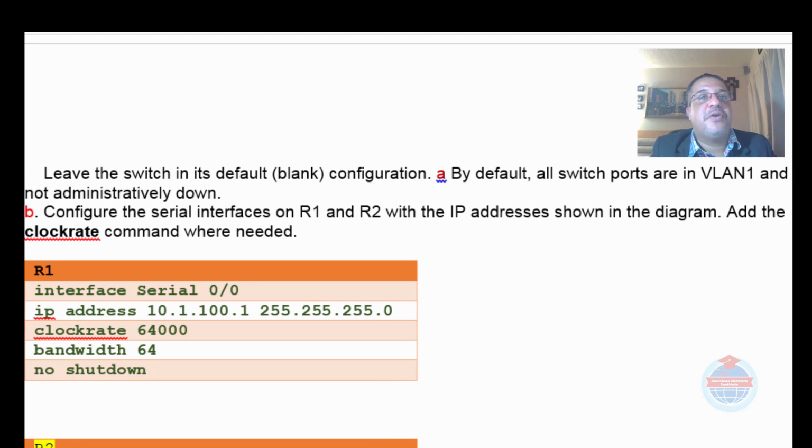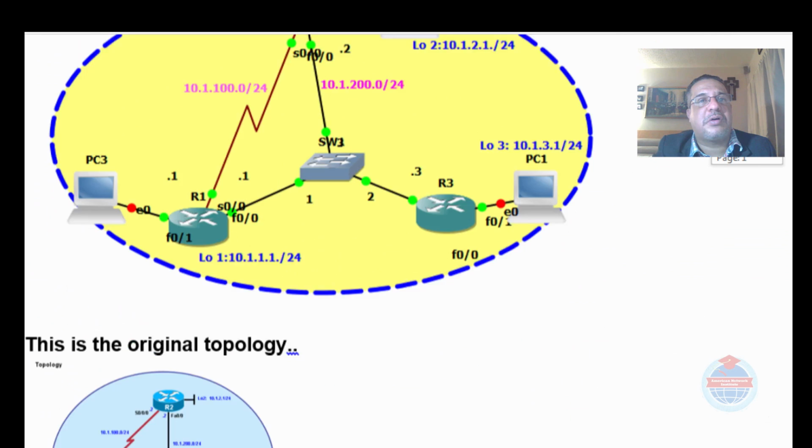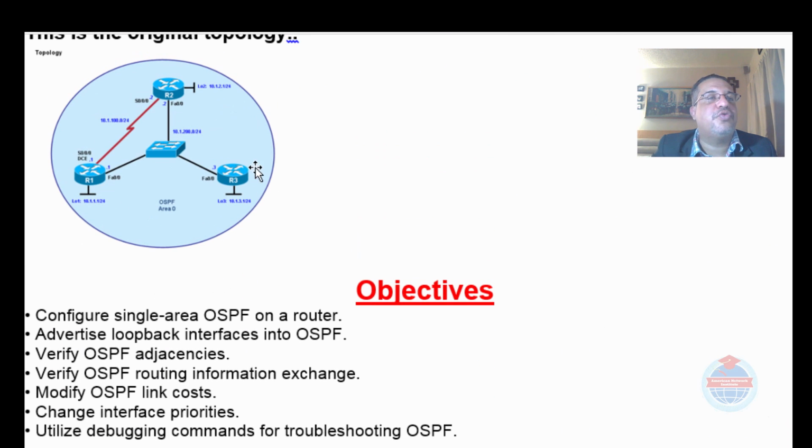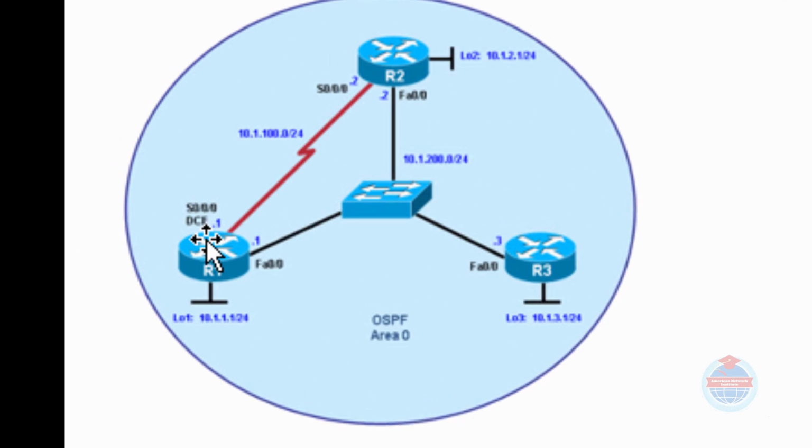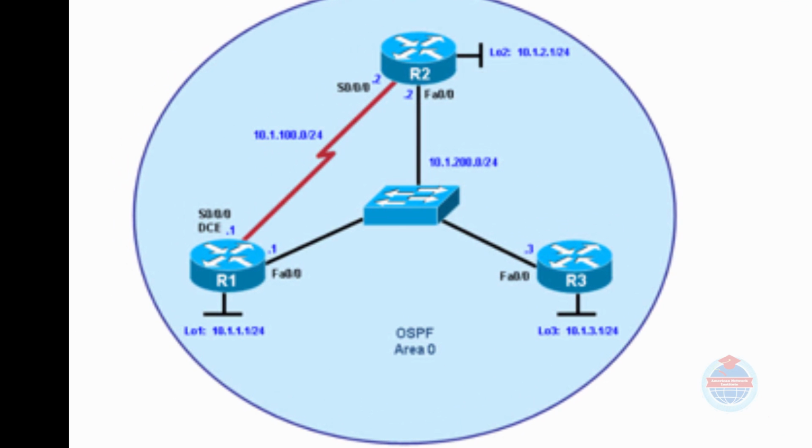Okay. Configure the serial interface on R1 and R2 with the IP addresses shown in the diagram, the ones that I showed you guys, remember. Clock rate commands were needed. One more thing, when they are talking about the clock rate, they are talking about this value over here, the DCE on serial 0/0.